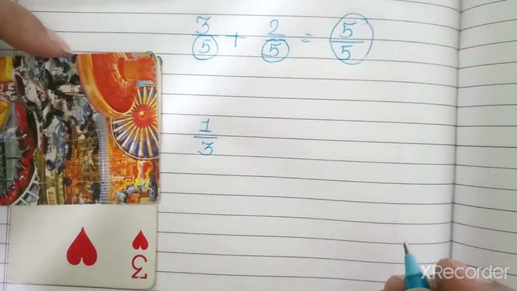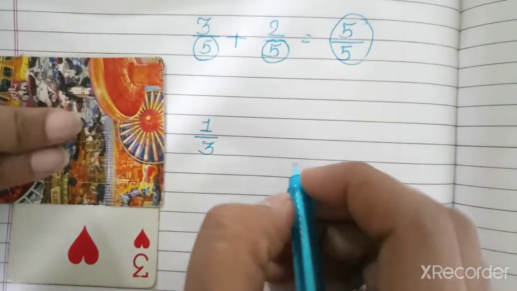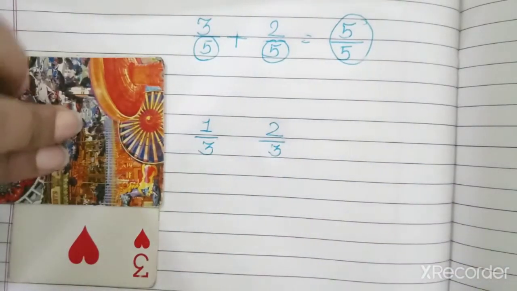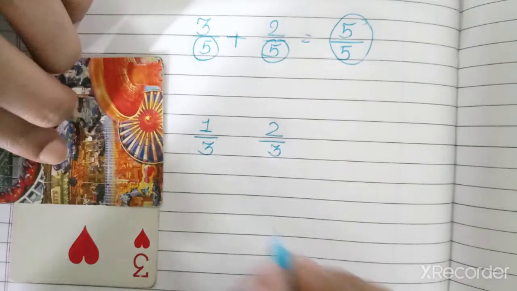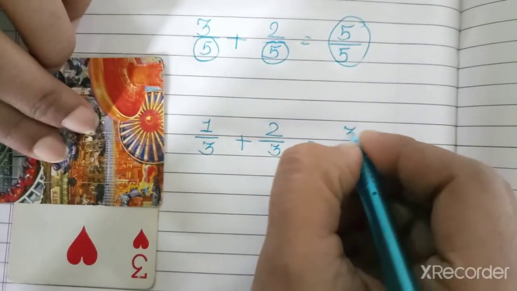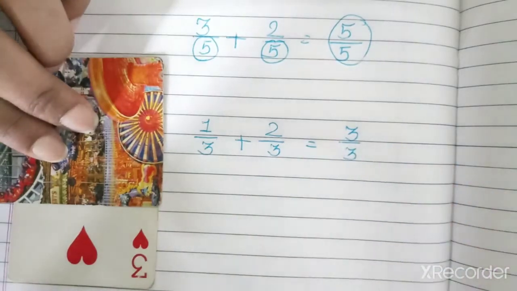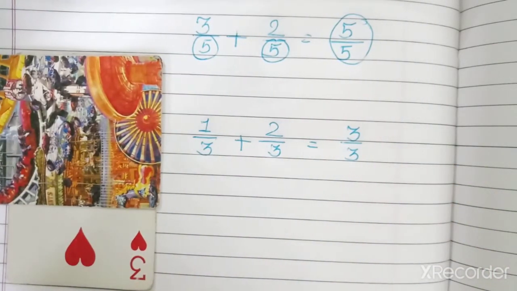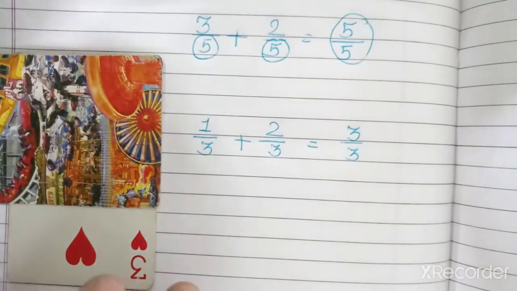If I hide 2 hearts, the answer is 2 by 3. Let's add these numbers. Again the answer is 3 by 3. This is the like fractions addition.